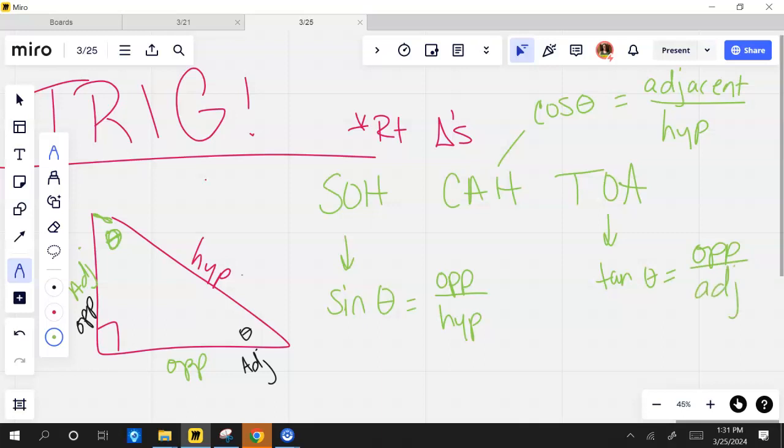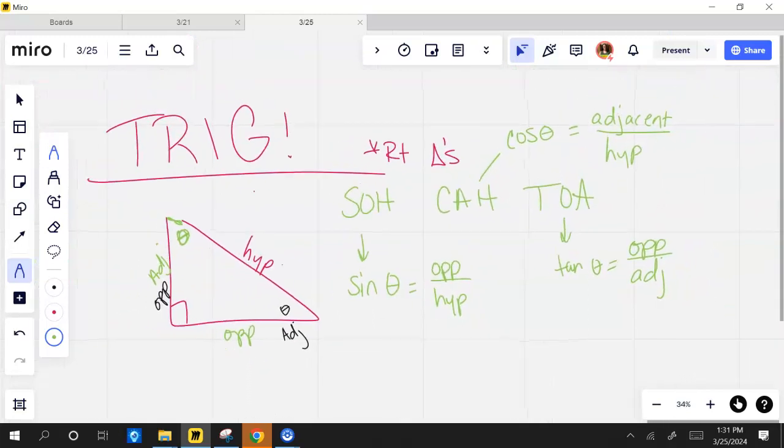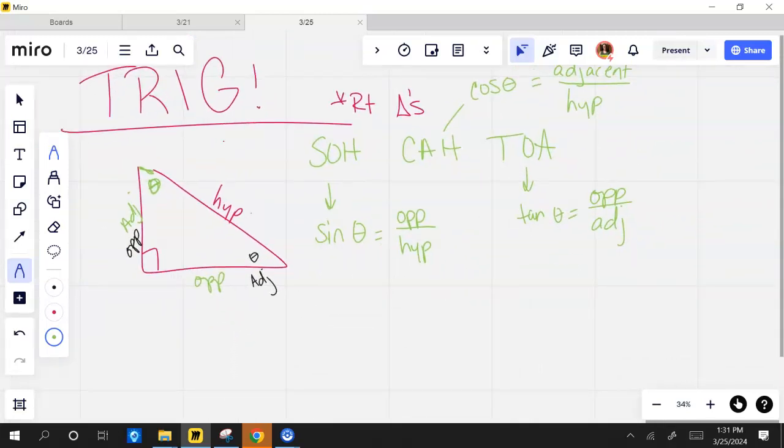Now, one that you probably have not done before are what we call the reciprocal functions. Reciprocal just means to flip them over. We have the cosecant, and cosecant is the flip of sine, okay? No, inverse is different, and we'll get to that.